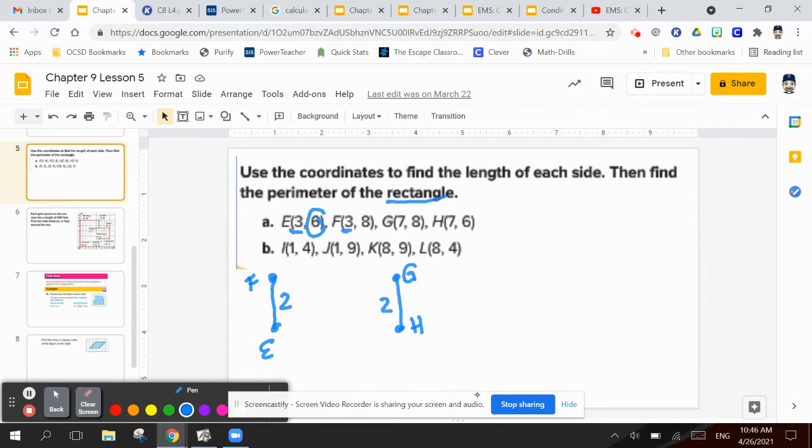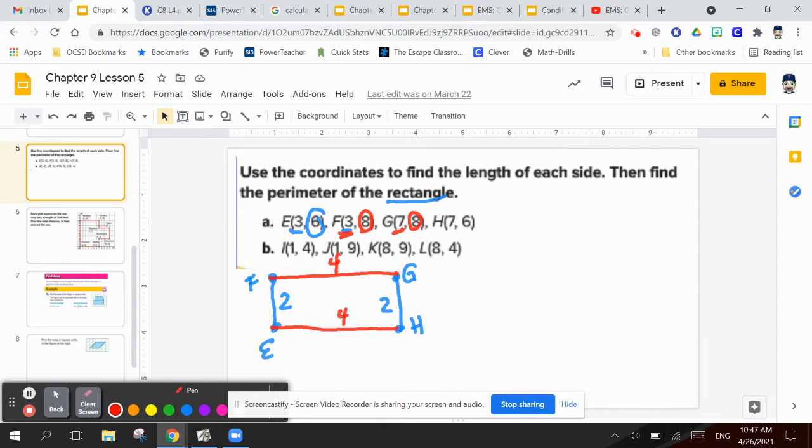If I look at F and G, notice that the y's are the same. So I want to subtract the two x's. 7 minus 3 is 4. So I know F to G is 4. If F to G is 4, then E to H is also 4.